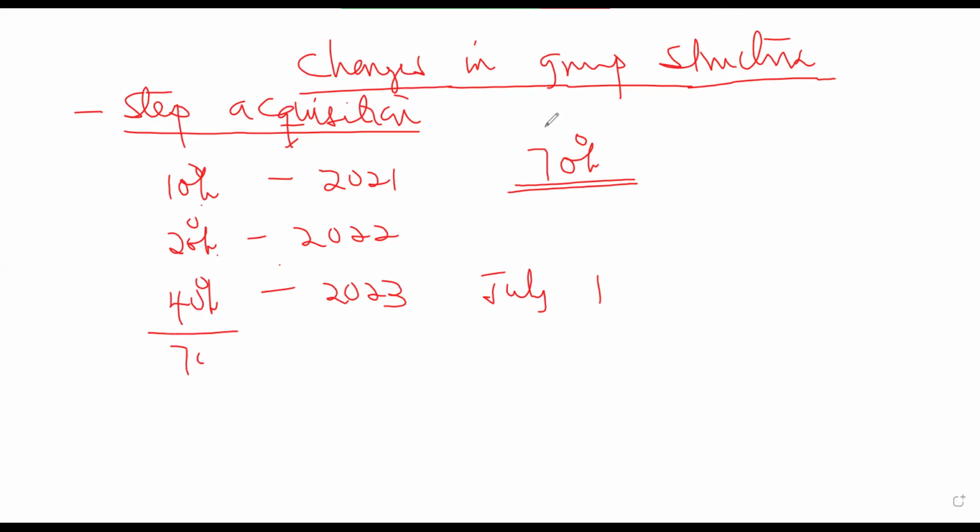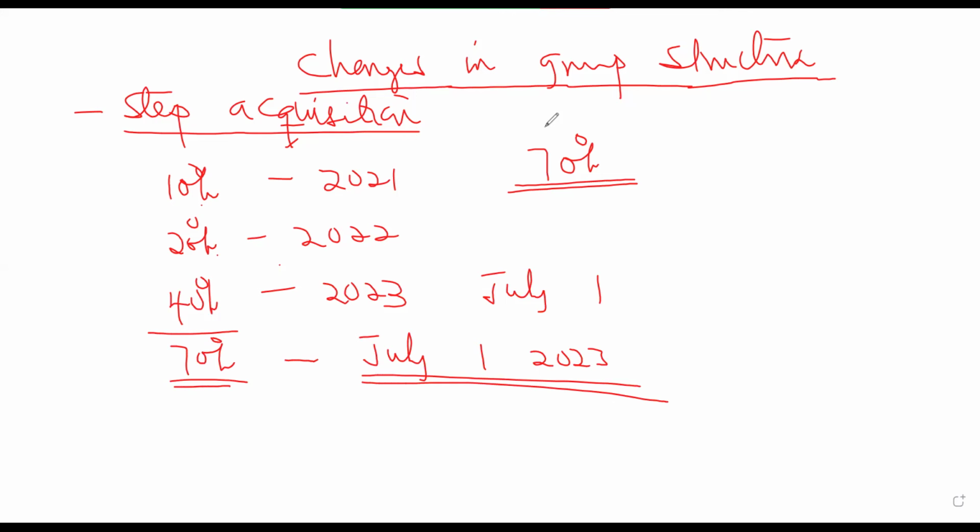So you can see that 70% now gives them control. So we can say that this company obtained control over the other company on 1st July 2023. It is from this day that they will start consolidating. Consolidation starts from the day that you achieve control over the company.